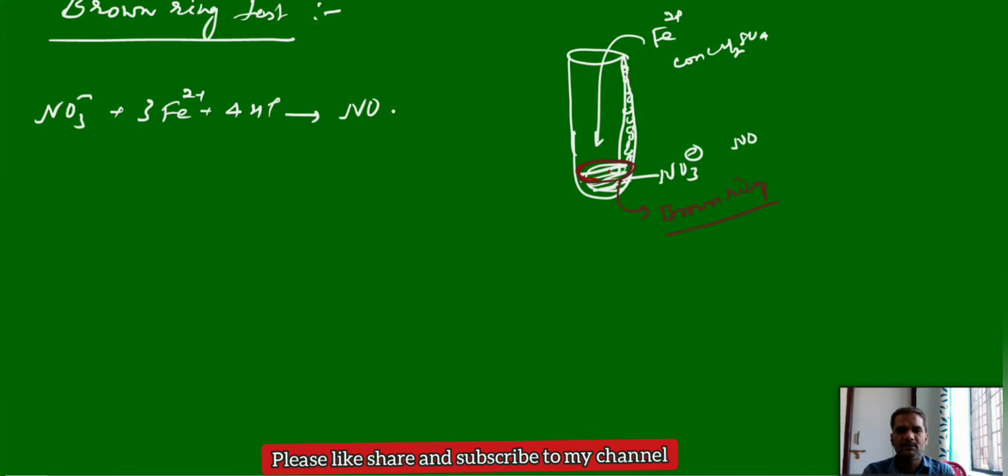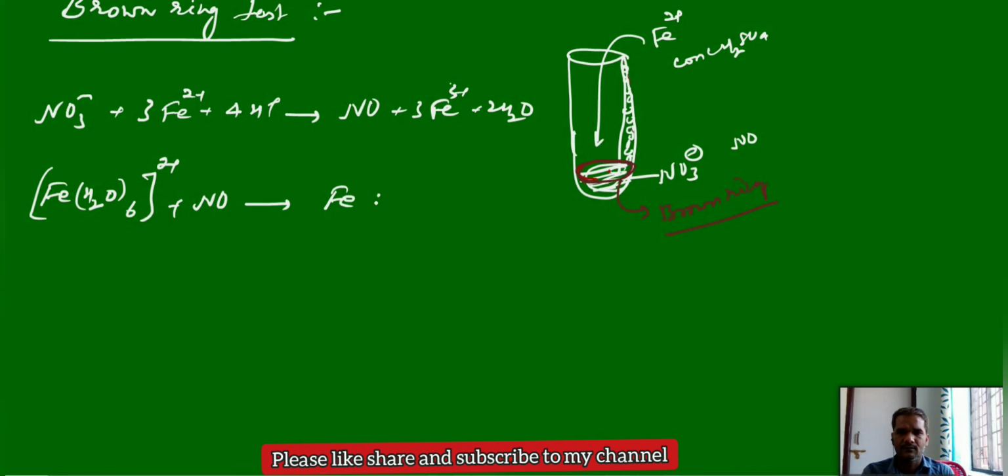This is responsible for the formation of the brown ring. In the next step, this nitric oxide can undergo reaction with the iron complex. Then it will form this complex, and this complex is called the brown ring complex.